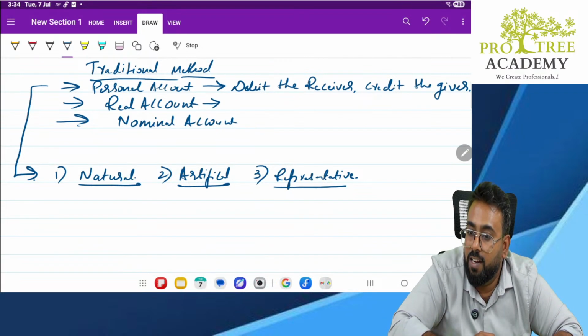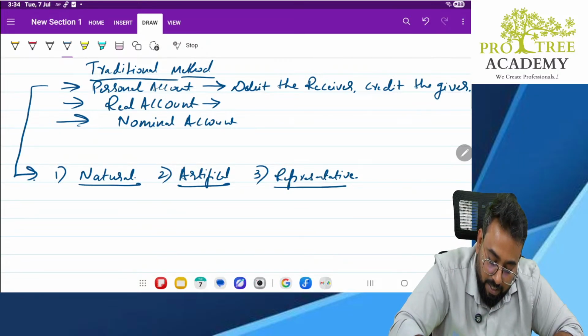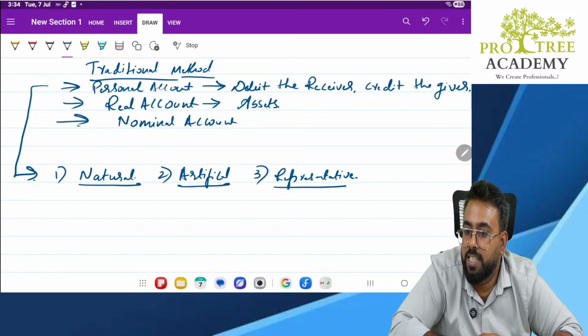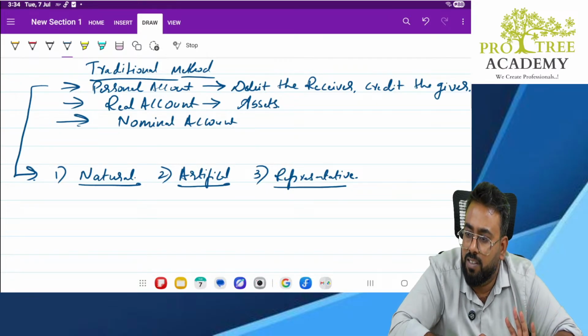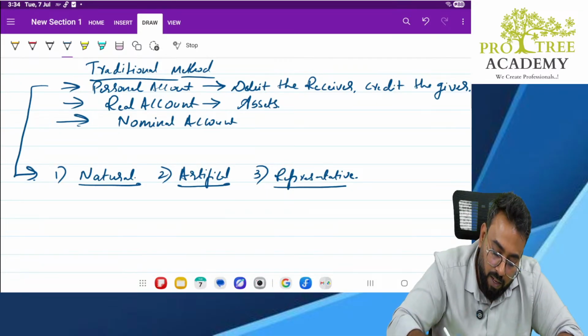Next comes our real account. What will come under real account? Assets will come under real accounts. Clear? What types of assets? Fixed assets, tangible assets, intangible assets, debtors, cash, bank, everything will come under real account. Yes?